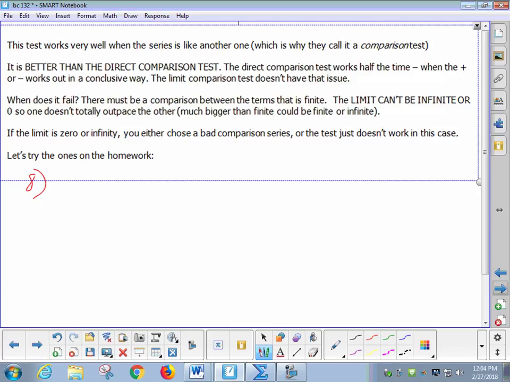8 is the series this. Now, we'll get to, just bear with me for a second. Had I done this by the direct comparison test, I think you know that n plus 1 is greater than n, so 1 over n plus 1 is less than 1 over n.